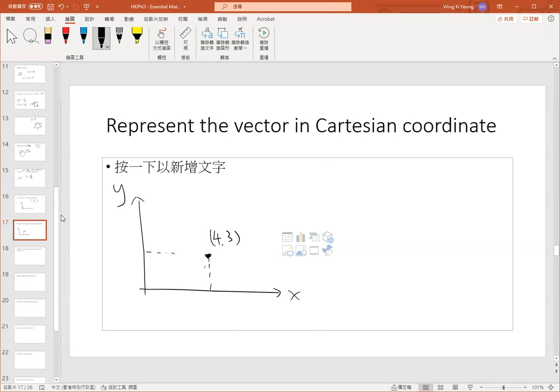So what does this 4, 3 mean? Okay, 1, 2, 3, 4. 1, 2, 3? It's not to scale, of course. And then let's say this is a point O, this is point A, then the vector OA is a vector pointing from the origin to this point.